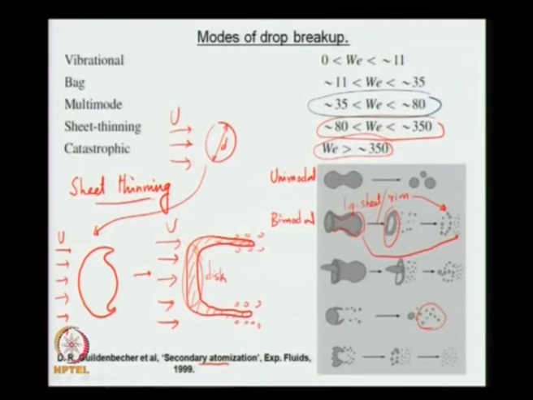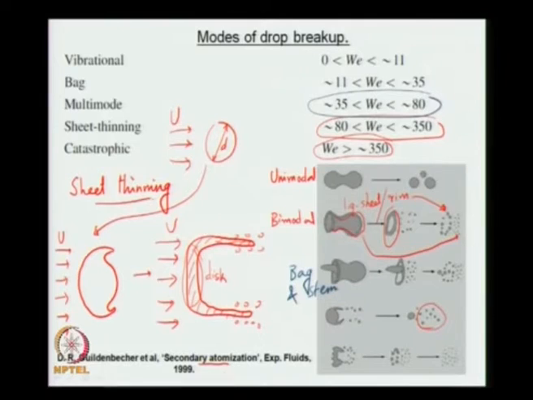So the multi-mode breakup shows a little bit of both, and therefore this is often called the bag and stem breakup. You have a stem to replace what would be expected from the sheet breakup regime, but you also have the bag from the bag breakup regime forming.